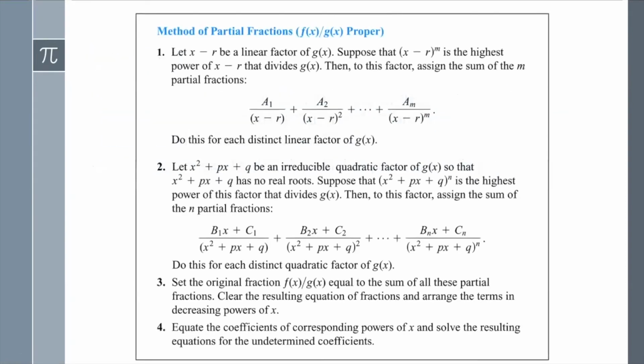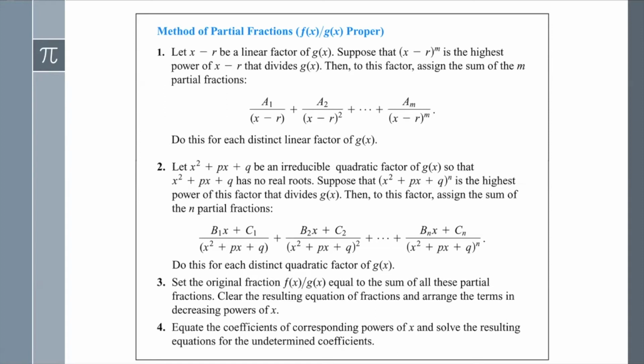Okay, so here is the big scary presentation of the method of partial fractions, and then I'm going to translate this into English for you. The first thing I want to direct your attention to is at the very top in blue, it says that f of x over g of x has to be a proper rational expression. In other words, the degree of f of x has to be strictly less than the degree of g of x.